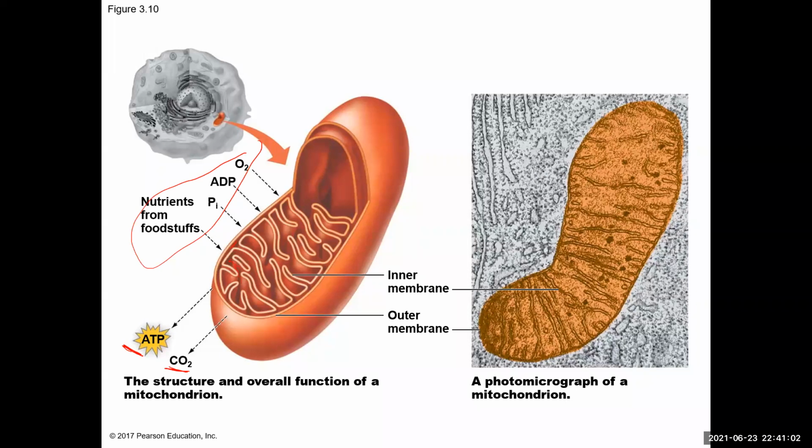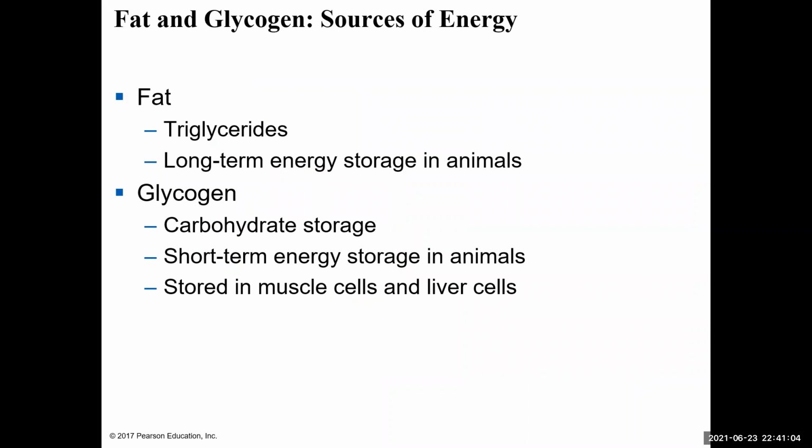Okay. And just to mention again some sources of energy, I've already mentioned glucose. Glucose is stored in animals as glycogen. Glycogen, if you remember from our organic chemistry lecture, is just a long molecule of glucose.